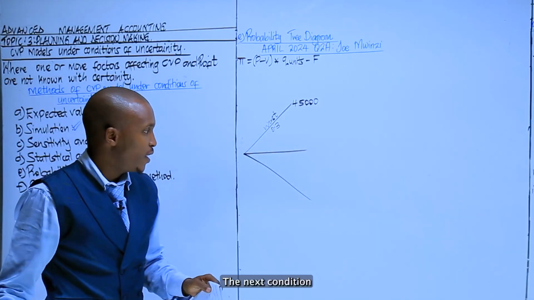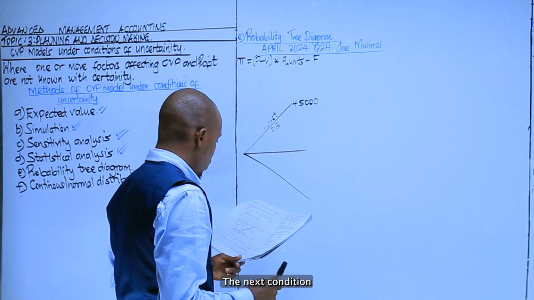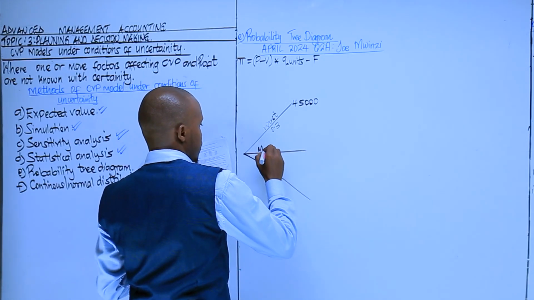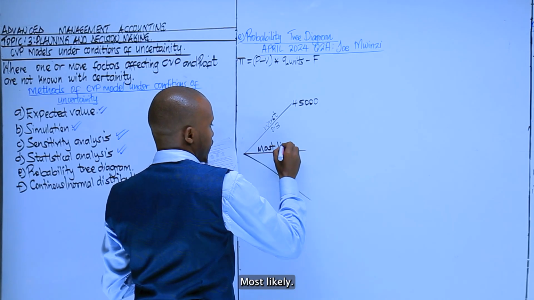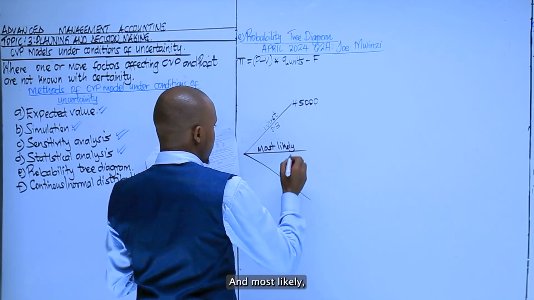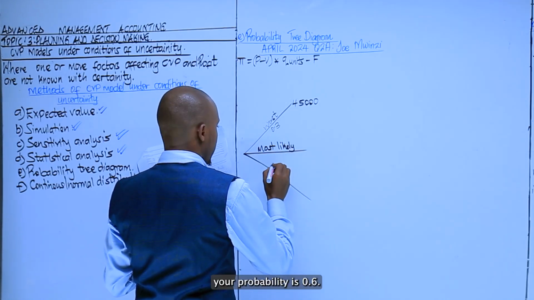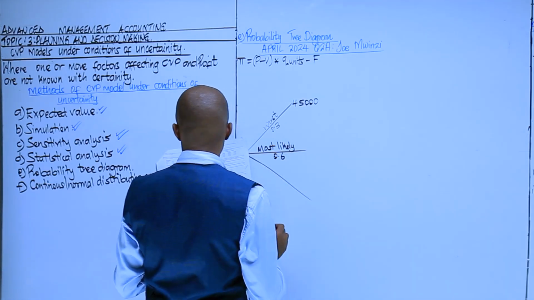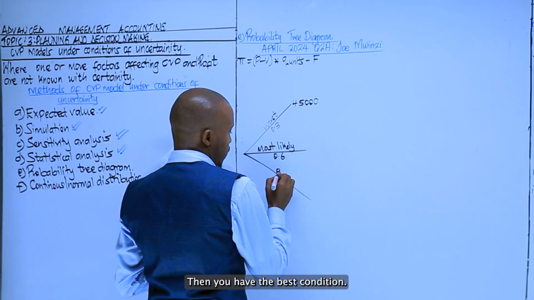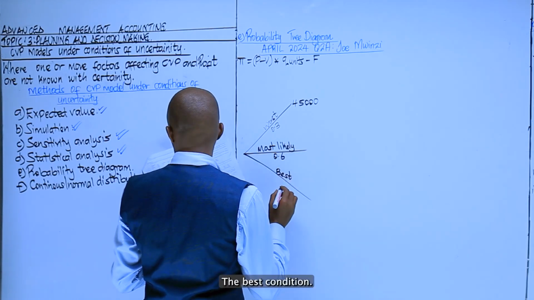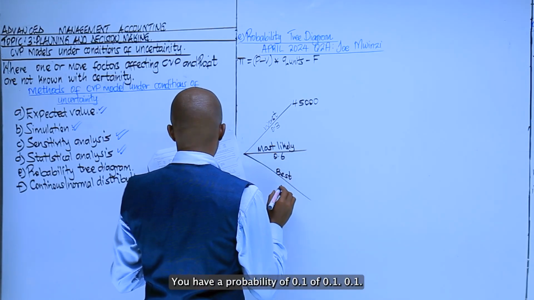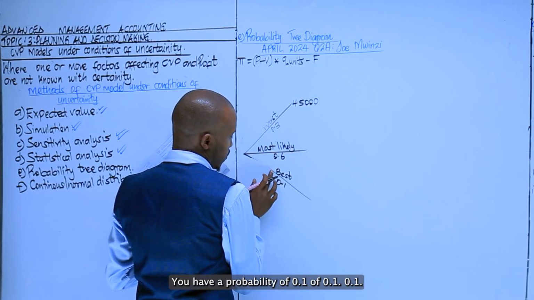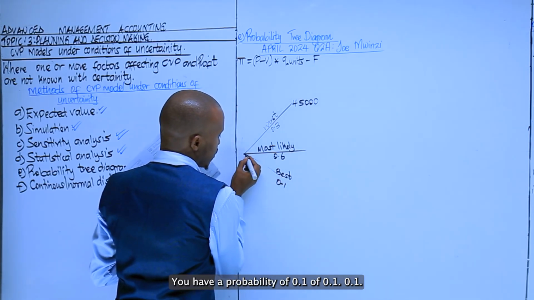The next condition is when it is most likely, and the probability is 0.6. Then you have the best condition, with a probability of 0.1.